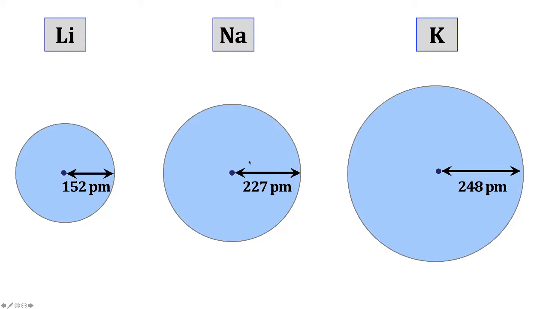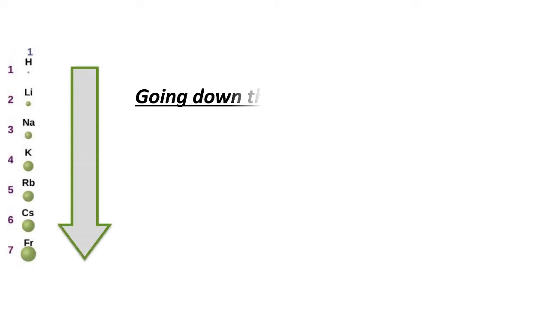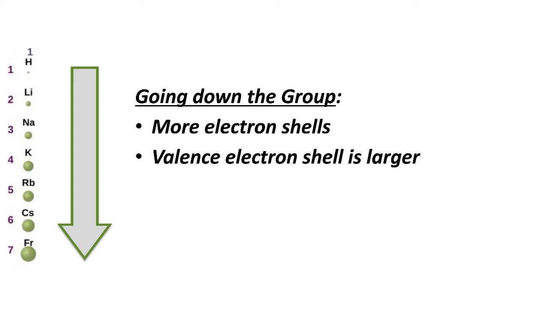So our general trend is, as we go down this column in the periodic table, the alkali metals, the atoms get gradually bigger. They get gradually bigger because as we go down the group, we have more electron shells. We have a valence electron shell that is larger because we have more of them, and the valence electron shell determines the size of the atom.